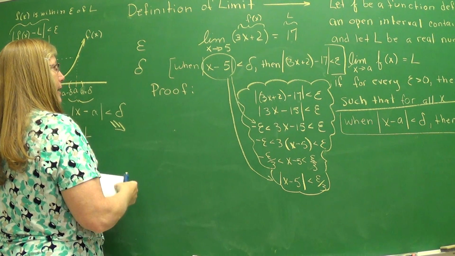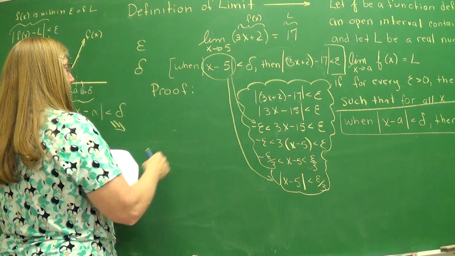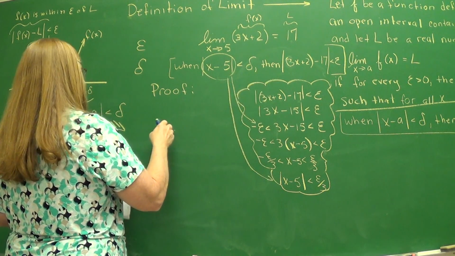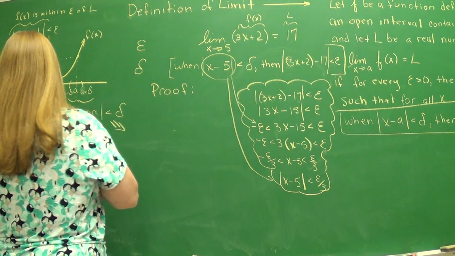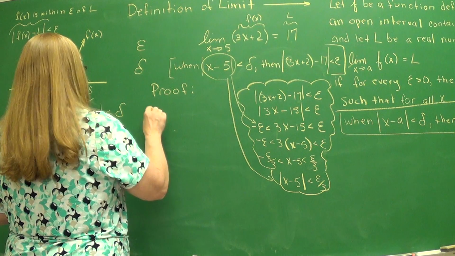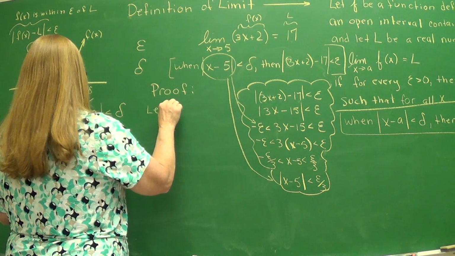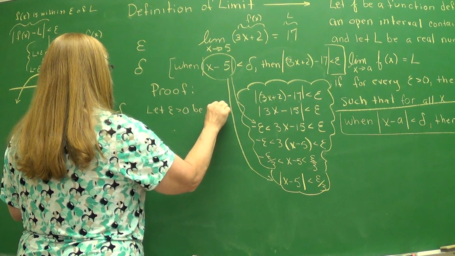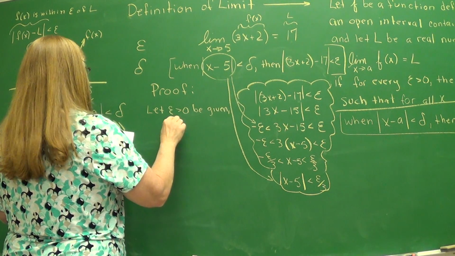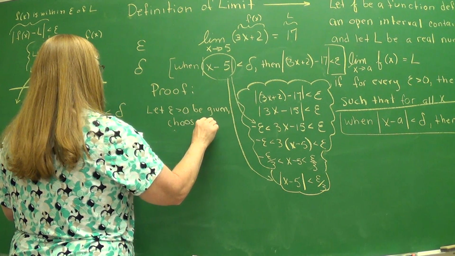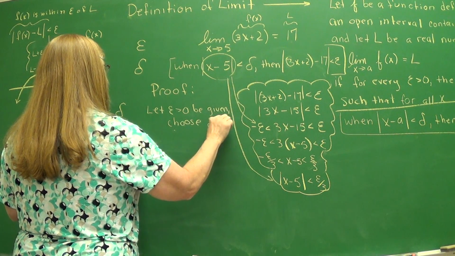We're going to start from this side, because that's how the statement runs, and we're going to say, for some epsilon greater than 0, let that be given, and we are going to choose delta to be epsilon over 3.